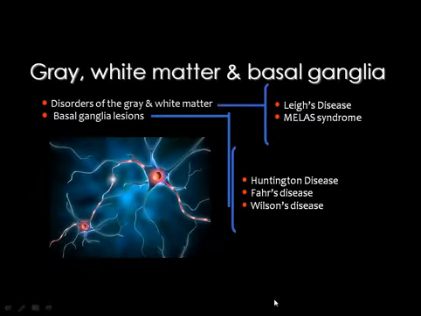to avoid the complications of this pathology. Then we came to the lesions affecting the gray and white matter as well as those affecting the basal ganglia. The gray and white matter lesions will include Leigh's disease and MELAS syndrome.